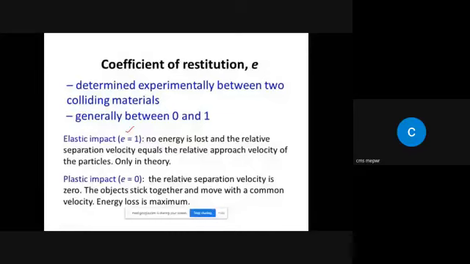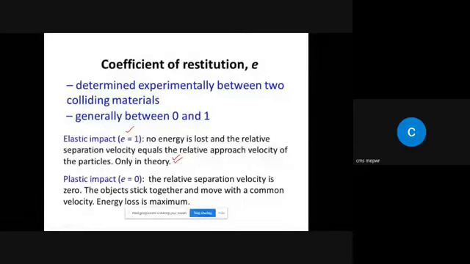In this case there will be no energy loss, and the relative separation velocity equals the relative approach velocity of the particles. But this is only possible in theory. In an actual case there will definitely be loss of energy due to the impact. Here we are considering that there is no loss of energy in the form of noise, heat, deformation, or any other reason.